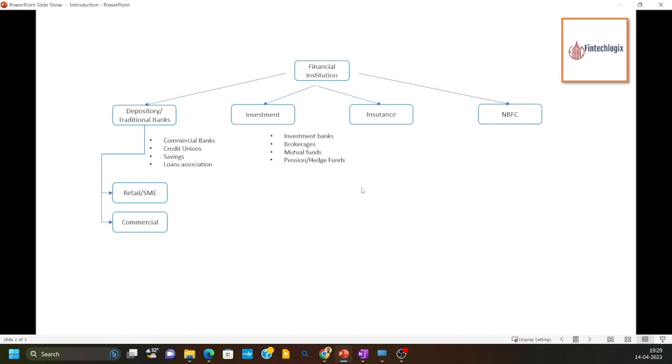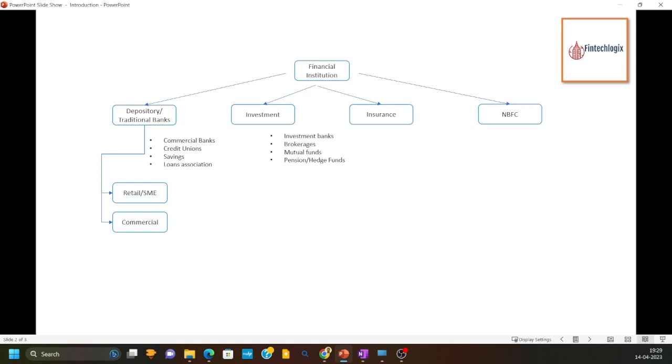If I talk about investment banks, one of them is your pure investment bankers, as in, let's say, Morgan Stanley, right? They are pure investment banks where people will come, give their money, and then they invest in a lot of assets. Then there might be brokerage firms. ICICI has a brokerage, ICICI Direct, wherein you can open your demat account and invest through them in share markets, in mutual funds, in ETFs.